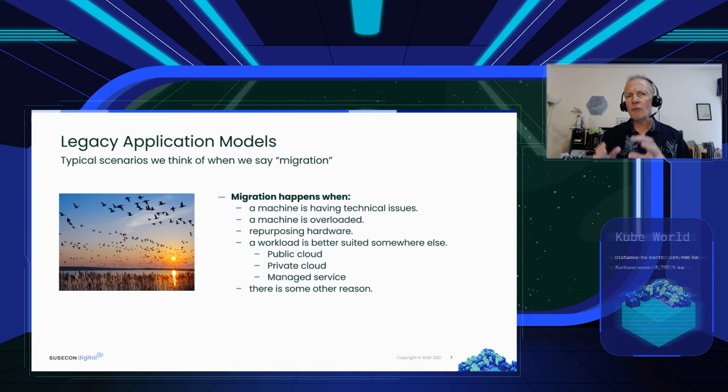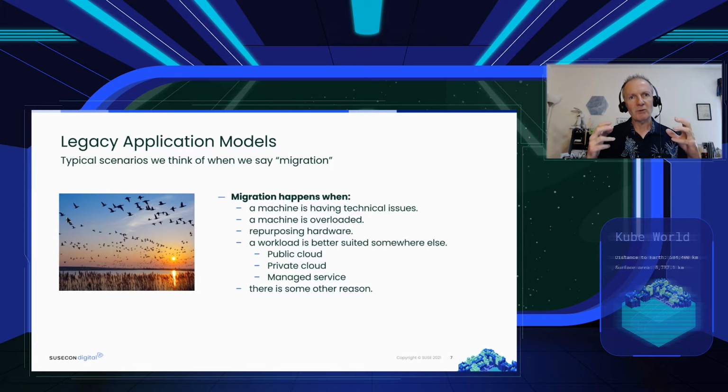So let's talk about migration then in the legacy approach. We migrate at the level of a machine, right? And why do we do that? Well, we often do that because the machine might be having technical issues. In the old days, that was actually hardware, right? Or maybe it was the operating system on which the application ran. Or maybe the machine is overloaded, right?